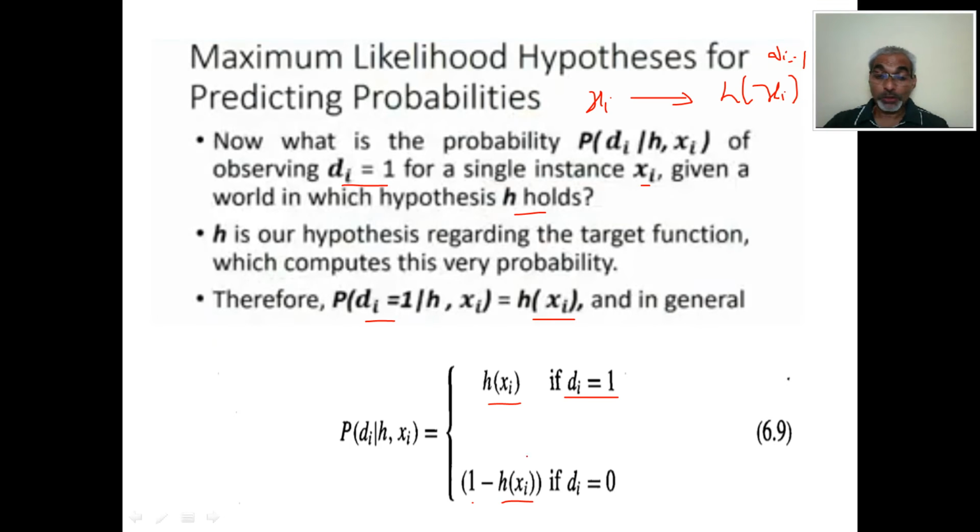Suppose say that you are going to toss a coin, right? So you are going to toss a coin 10 times. Now what is the probability that you are going to get head? You are going to see. So first time you tossed a coin, let us say you got head. Second time you tossed a coin, you got tail. Third time you tossed, you got head. Like this you are going to toss 10 times and you try to note down.